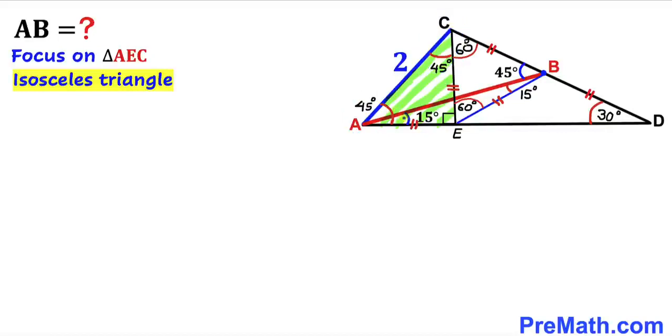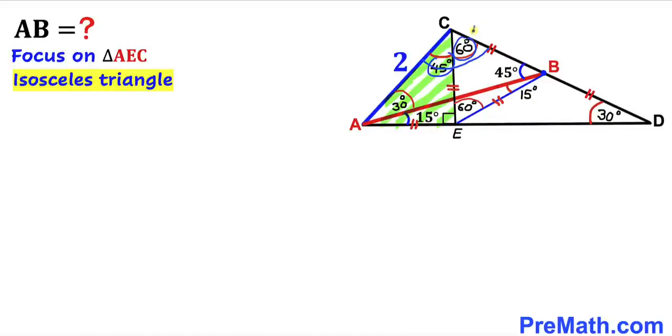And now let's make an observation. We can see that this whole angle is 45 degrees and this angle is 15 degrees. So therefore we conclude that this remaining angle is going to be 30 degrees. And furthermore, this angle ACB, this whole angle, is going to be 45 degrees plus 60 degrees.